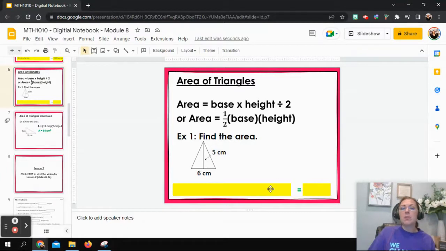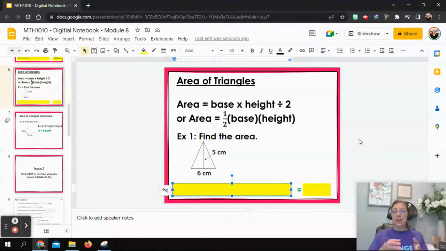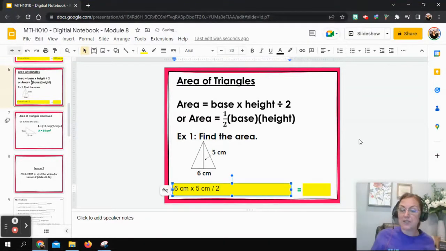Okay. When we do the area for this triangle, the base is that bottom piece that's completely horizontal. That's 6 times. Now the height is that truly perpendicular piece, and I do want to put the centimeters in here, times the 5 centimeters. And then I'm going to divide by 2, and I'm just going to use this little slash for the divide by piece.